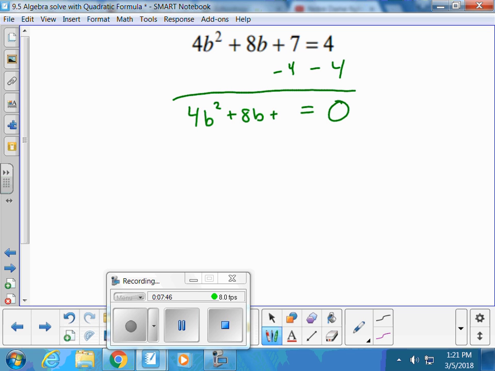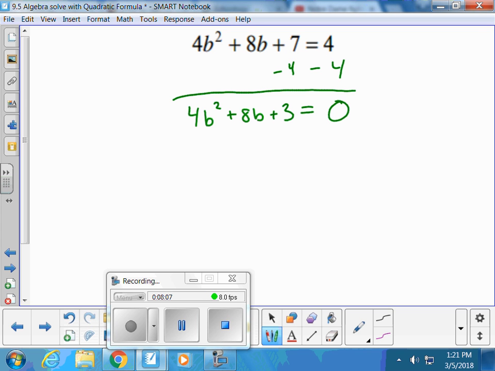Seven minus 4 is 3. Now I do just want to point out that if this looks like something that is easily factorable, you could still use factoring to solve this. So if you want to try a box method real quick and see if it is factorable, you could. But since we're doing quadratic formula today, let's just stick with our quadratic formula.